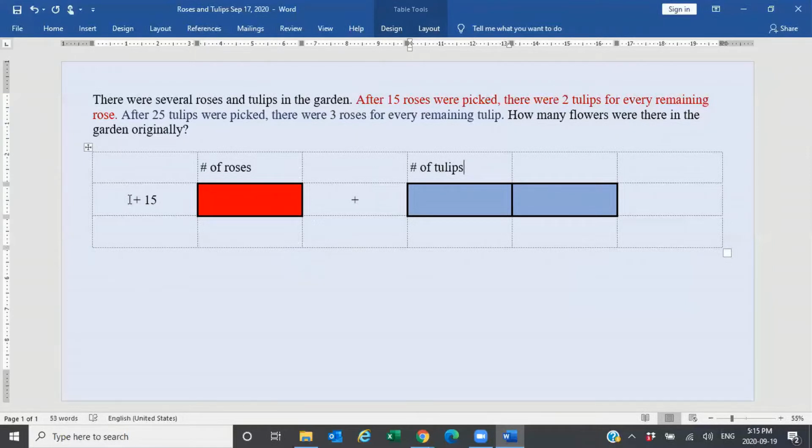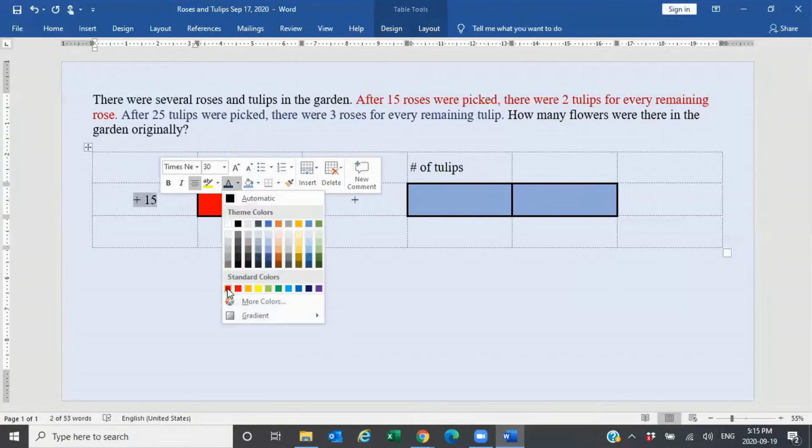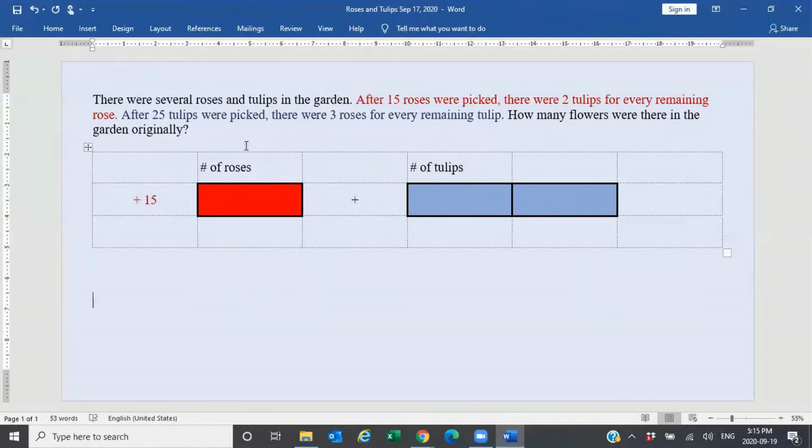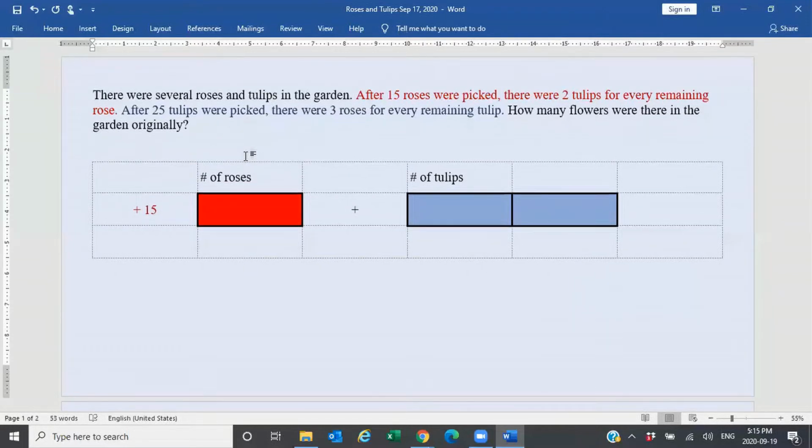And there's another thing that I want to do. I want to highlight this red because it represents the roses that were picked. And I'll make it red for roses. Alright, we did that. I'm going to name this the first scenario. I'll just write first scenario. Perfect.